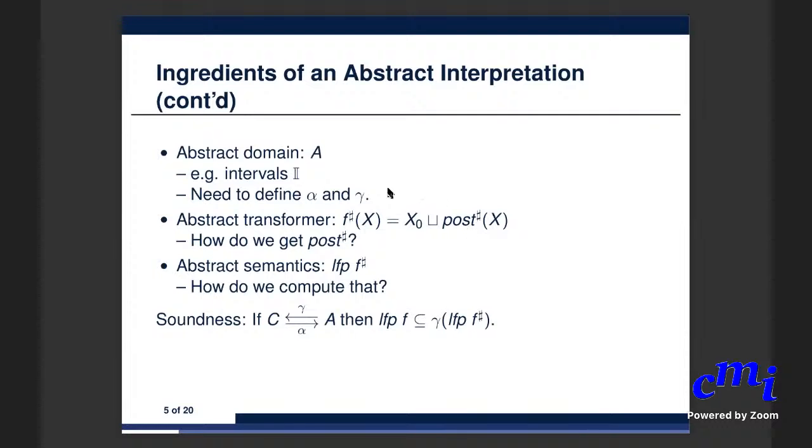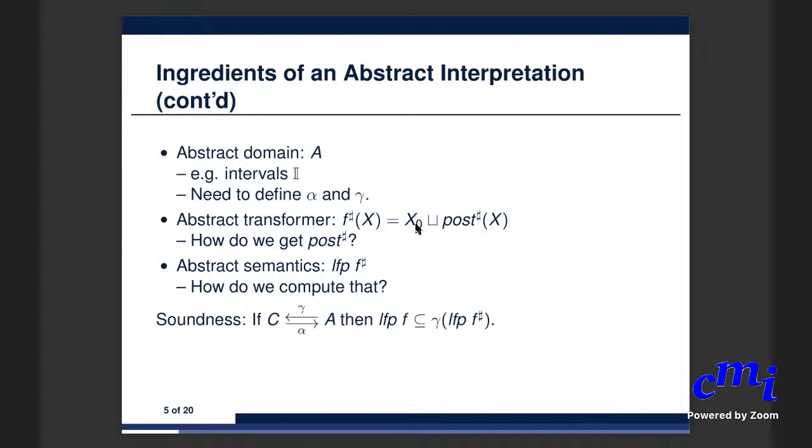So once alpha... And this X is a subset of A, right? So X is kind of associated to A, the abstract one. It's a set of abstract elements, correct? Yeah. Right. Let there be no confusion, because I use the same X on the concrete domain as well. So this X naught will also be, strictly, there should be a hash here, because X naught is the initial state.